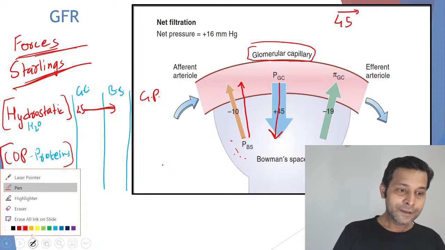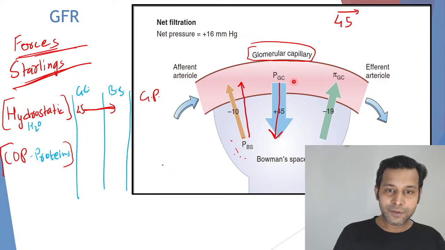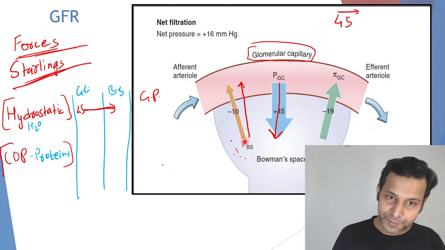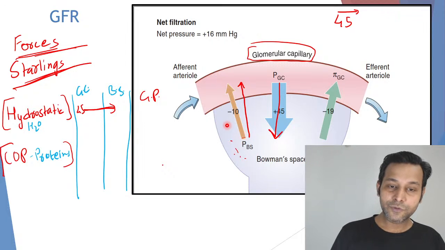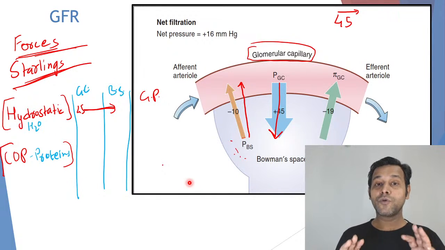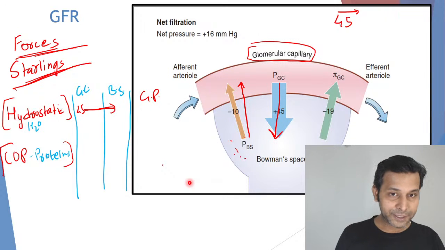I repeat once again, the water in the blood will push the water from capillary to Bowman's space, and the water in the Bowman's space will push the water from Bowman's space to capillary. So whenever there is water, there is hydrostatic pressure, and hydrostatic pressure will push water away from that compartment.